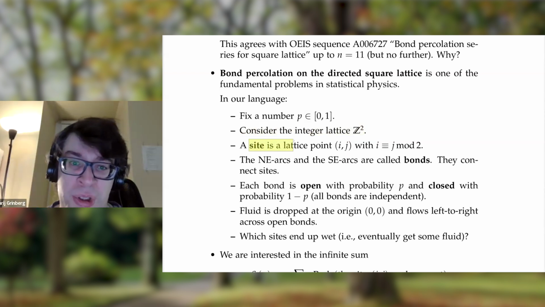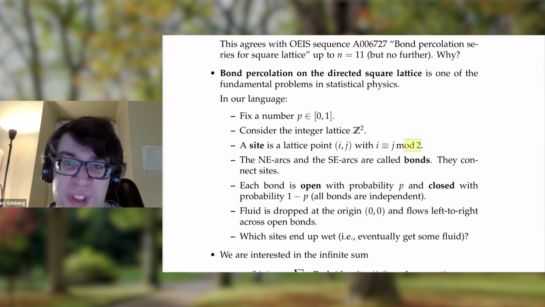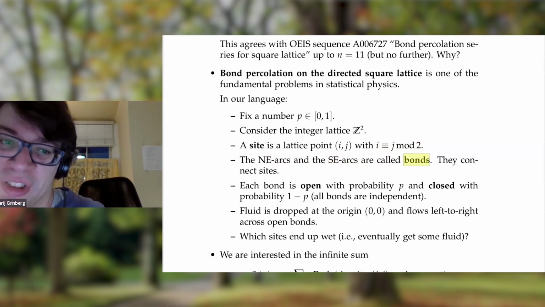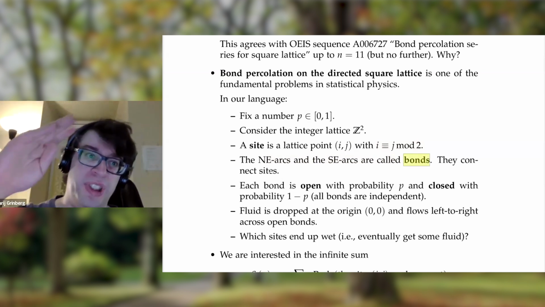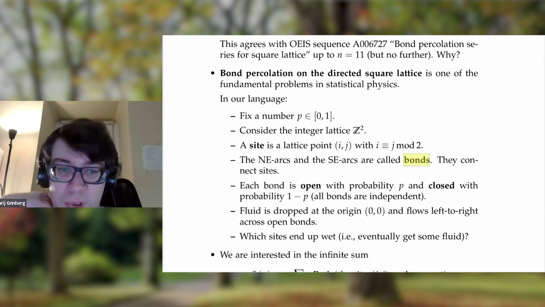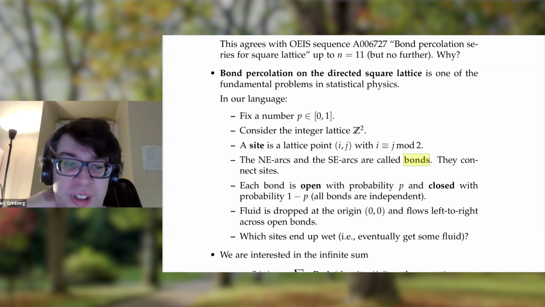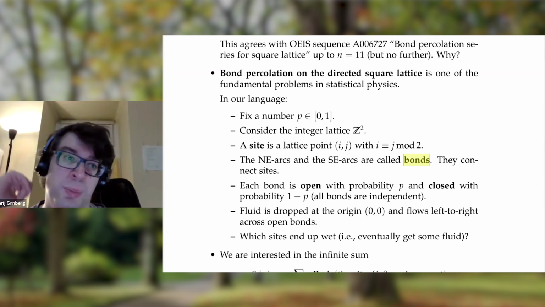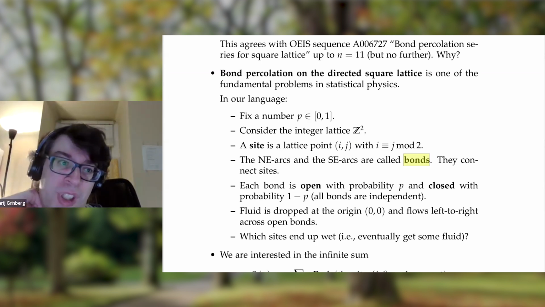So in particular, you only look at the lattice points where the coordinates have the same parity. The arcs are now called bonds, and every bond is open with probability p, and closed with probability 1 minus p. And now you drop some fluid at (0,0), and you let it flow across every open bond to the right.